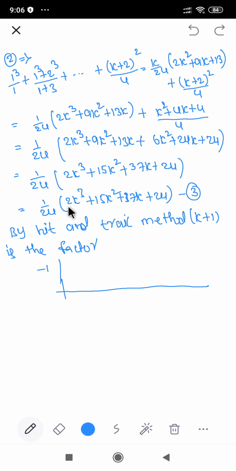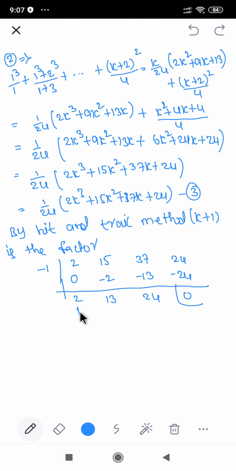Here I am writing the coefficients: first value 2, the k square term 15, next the coefficient of k 37, next 24. By verification, first we write 0, 2. Minus 1 into 2 is minus 2, 15 minus 2 gives 13, minus 1 into 13 is minus 13, 37 minus 13 is 24. Minus 1 into 24 is minus 24. So here we got success.